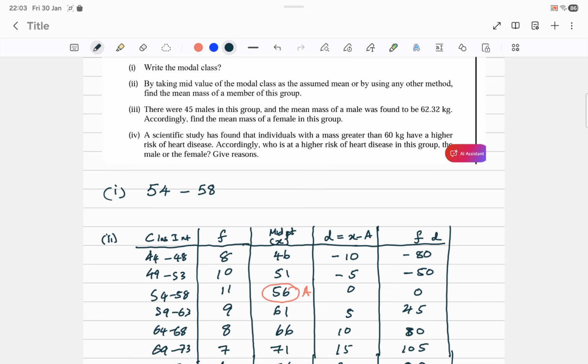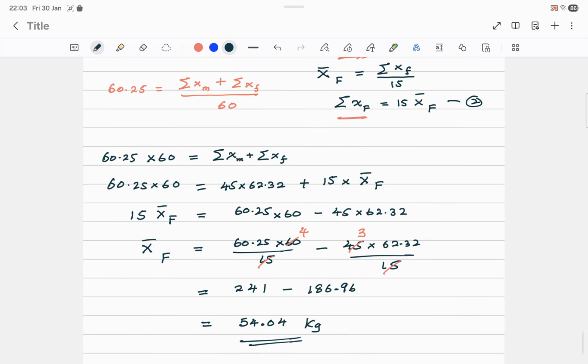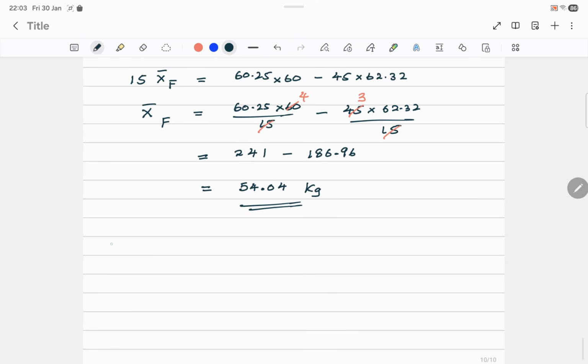Accordingly, who is at a higher risk of heart disease in this group, male or female? This is mass greater than 60. So the male mean mass is greater than 60, no? So then males have the higher risk. Male mean mass is what? 62.32.